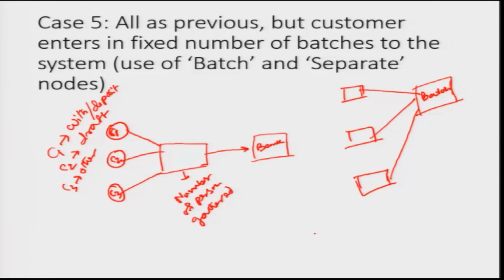For example, one person can take a bag and transfer 20 parts together to the next location. Until 20 parts come, that person cannot transfer the material to the next person. This kind of scenario requires the batch node in Arena simulation.